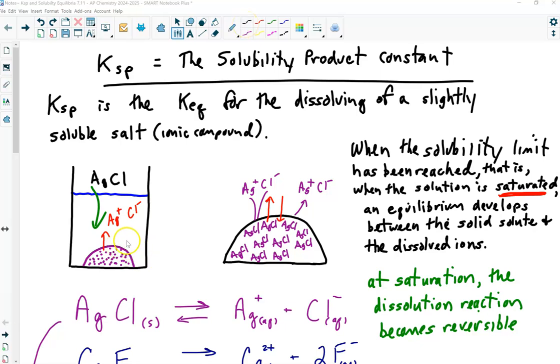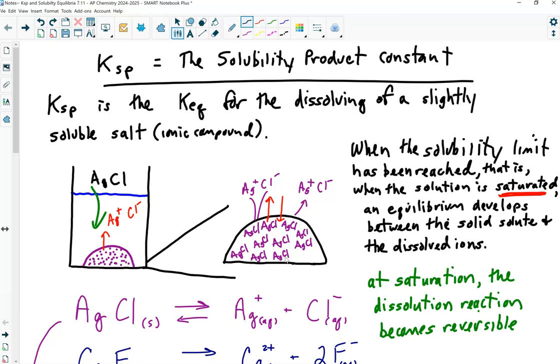All right, so if we look at this saturated solution, what's going on? If we can blow this up, magnify this, you have your solid silver chloride at the bottom of the beaker. It's saturated when one grain sinks to the bottom and doesn't dissolve.